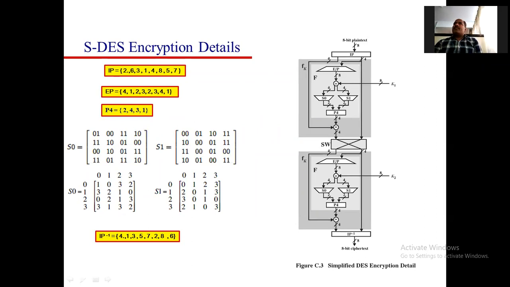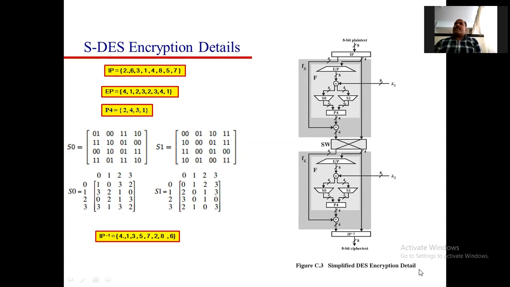How internally is it going to process the 8-bit plain text for the encryption? So this is the simplified DES.